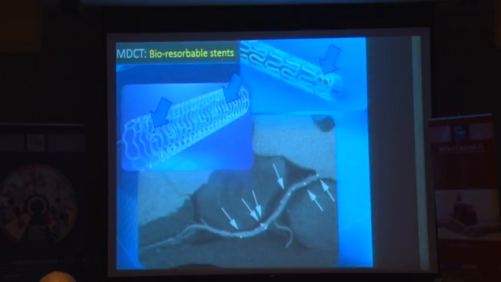New types of stents we call bioresorbable stents are coming in the market. These types of stents are totally transparent, causing no artifact. We recognize them by looking for these two metallic points, landmarks that are present in the proximal portion and the distal portion of the stent. And you can see them here in CT. This is the proximal and the distal one.